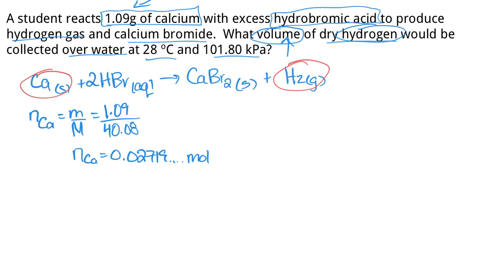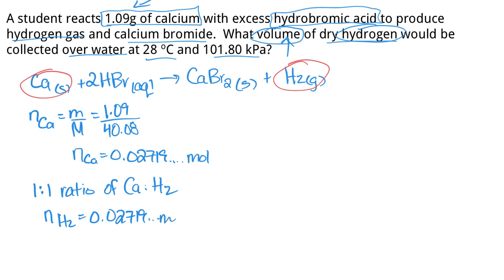So we could set up our molar ratio, or we could just recognize that it's a 1-to-1 ratio of calcium to hydrogen gas. And so the number of moles of hydrogen gas is also equal to 0.02719 moles.